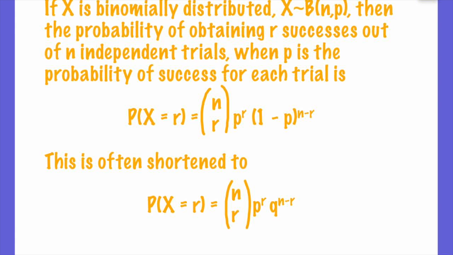If X is binomially distributed, such that the random variable X has a binomial distribution with N trials and probability P of success, the probability of attaining R successes out of N trials is the formula N choose R times P to the R times 1 minus P to the N minus R. Basically, binomial theorem, except this time your bases are the probabilities, and they should add up to equal what number?